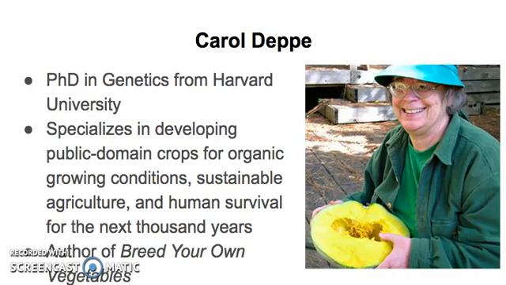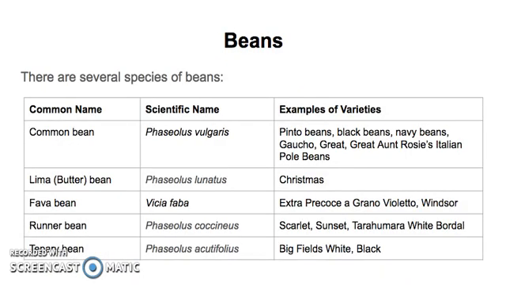So several years ago, she happened to have planted a Gaucho bean, which is a common bean, Phaseolus vulgaris, pretty close to a tepary bean, Phaseolus acutifolius. These are different species, although they are in the same genus, Phaseolus, so they should not typically cross, especially since, as I mentioned, beans tend to be extremely self-pollinating.